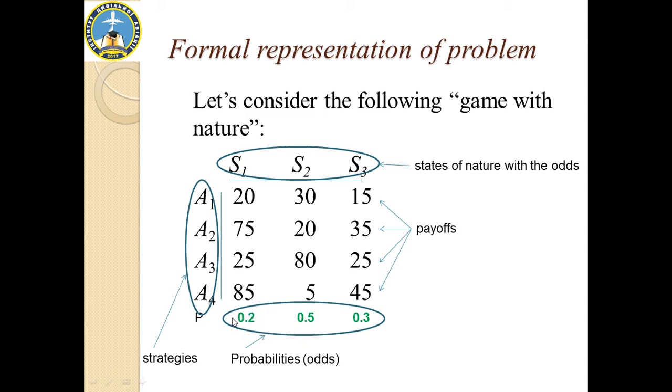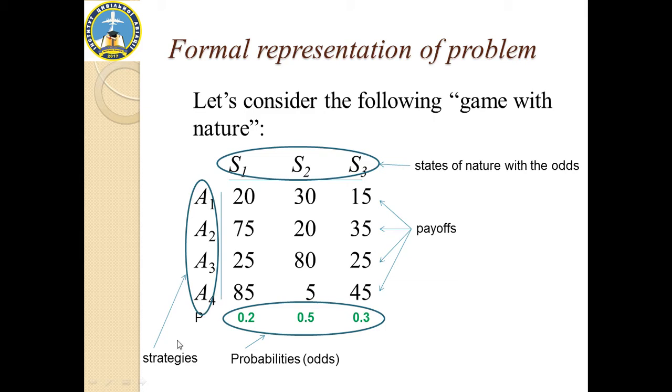So the columns represent payoffs depending on different states of nature. Now the rows of this matrix represent the payoffs depending on the strategy. We have 4 different strategies available to a decision maker. We denote them formally as A sub 1, A sub 2, A sub 3, and A sub 4, as shown here.